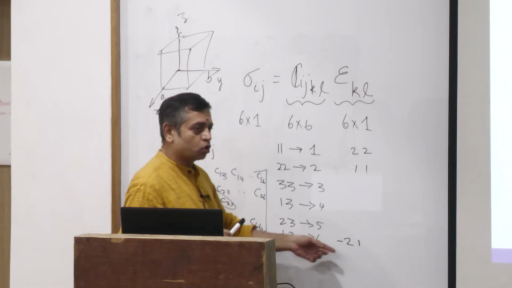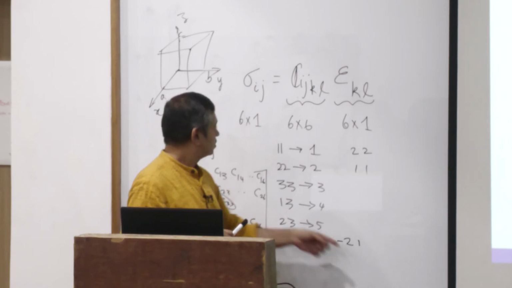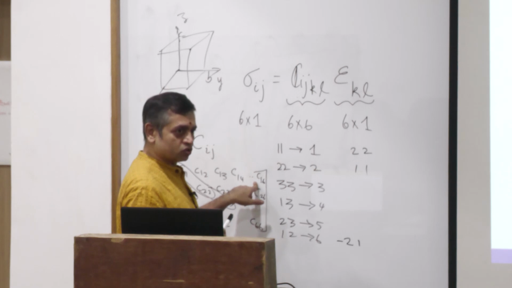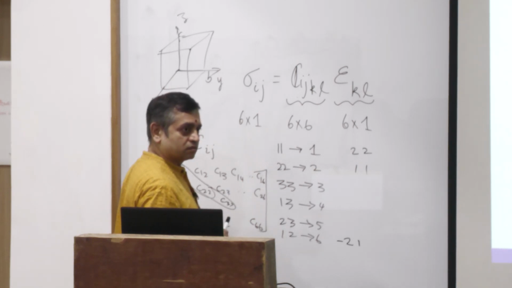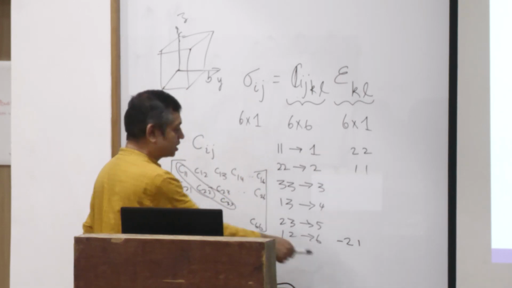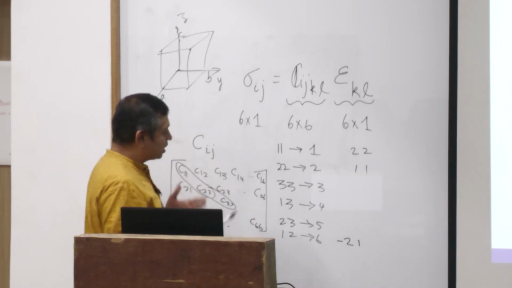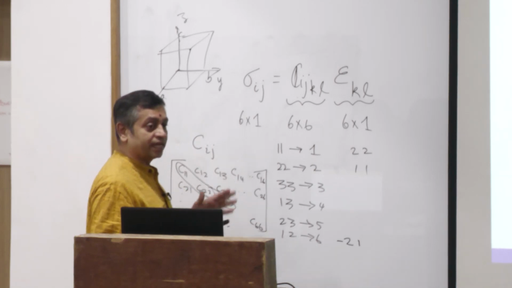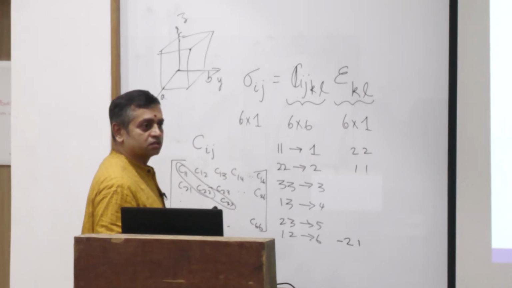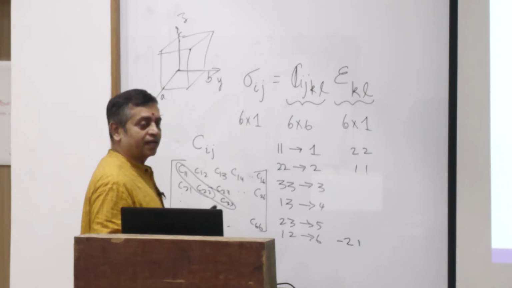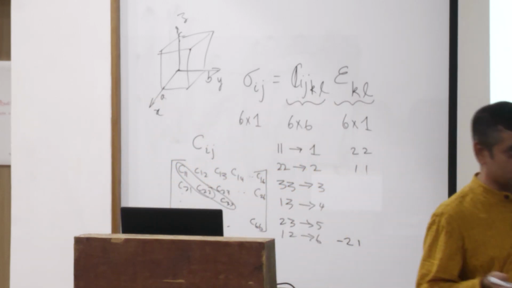So 1 6 should go to minus 6 1, right, in this, because this is only for 2 indices, we have to translate it. And similarly you can do other operations to show that there is some other condition which shows that C16 should be equal to C61, and a number cannot be minus of itself and equal, so it should be 0.